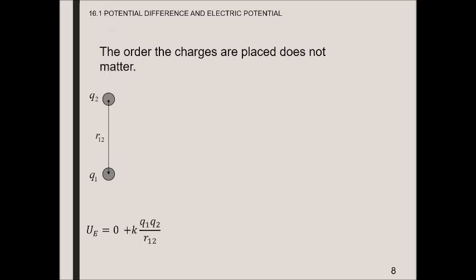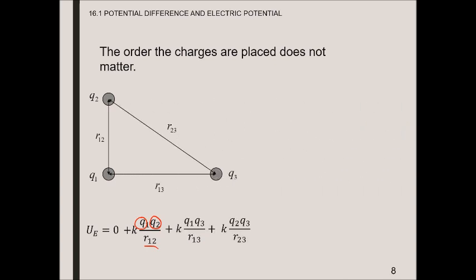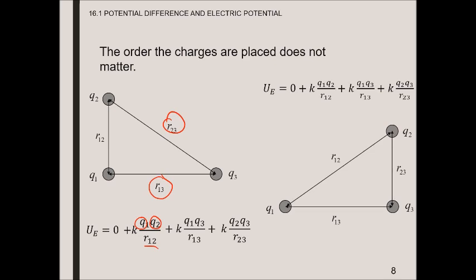Then if we add a second charge, the system has energy related to the distance between those 2 charges and the product of those charges. Now if we add a third charge, it adds 2 terms to our system because we're looking at the pairwise interaction between 1 and 3 and 2 and 3, and we need to take into account those charges and distances as well. But once we figure that out, it doesn't matter what order we do things in or what the orientation is, as long as all the distances remain the same, we can do the math either way.